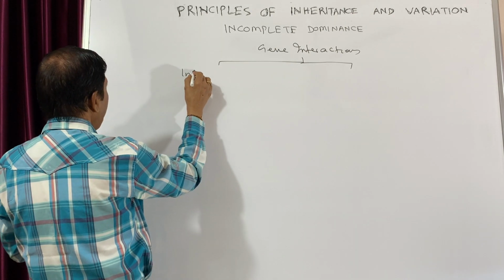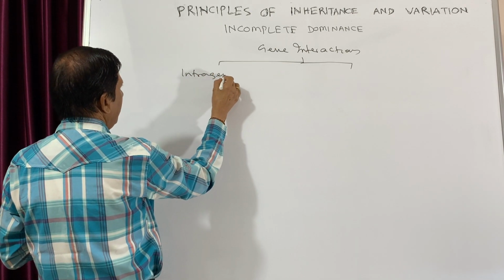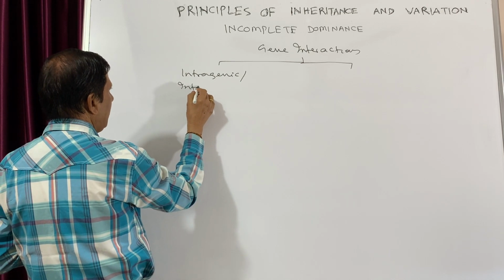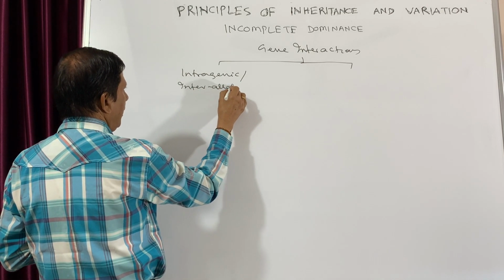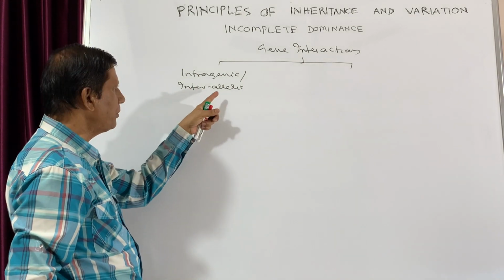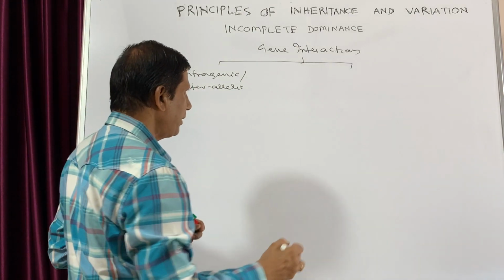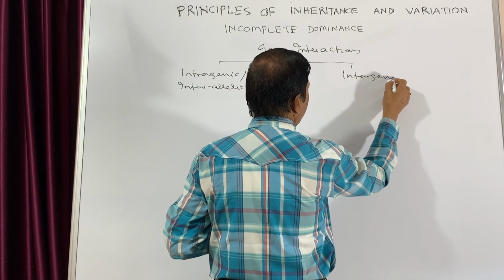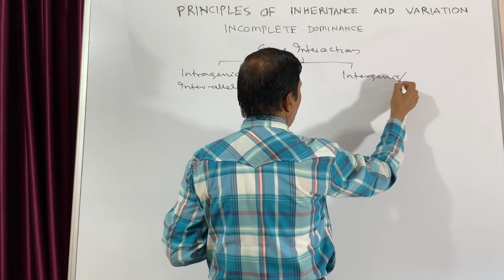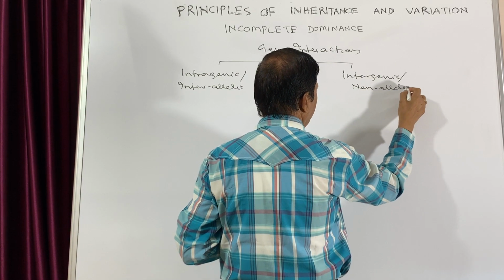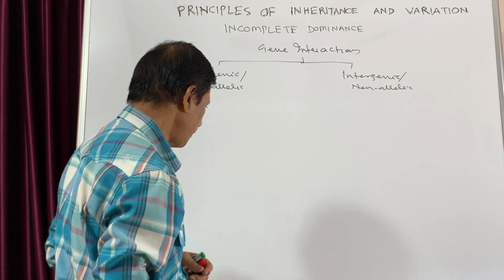It may be intragenic, or we may call it interallelic, because within one gene there are two alleles, so the interaction is between the alleles. Or it may be intergenic, that is between the genes, or you can call it non-allelic. These types of interactions are found.